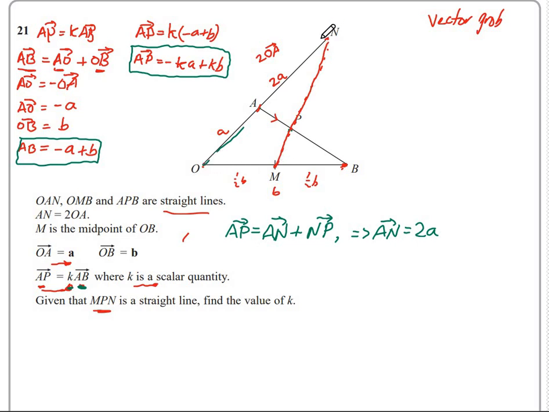So if I want to find the vector NP, I know that NP is part of a greater NM here, okay? So in order for me to get from N to M, I must go from N to O, and then from O to M.